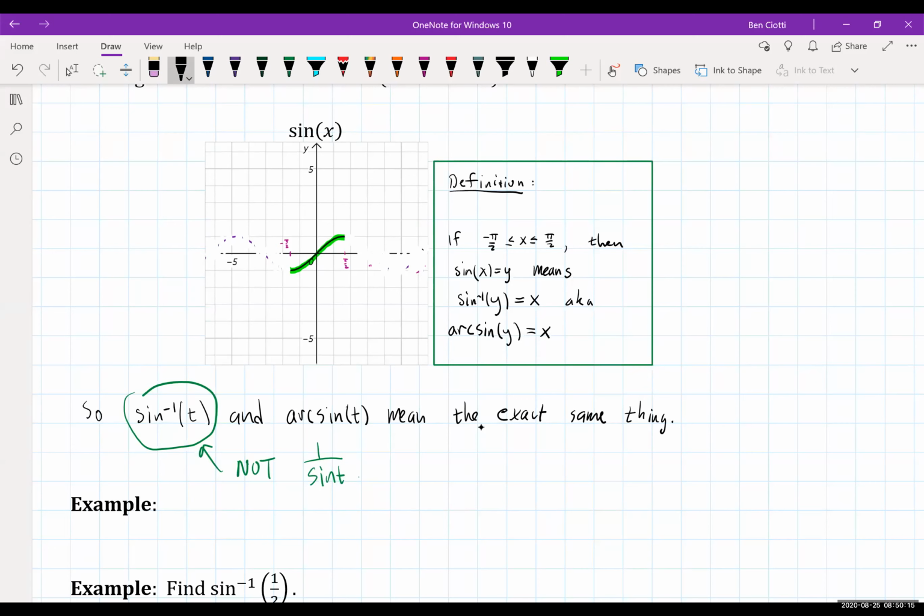So let's practice with an example. How about the sine inverse of 1/2? What's the sine inverse of 1/2?